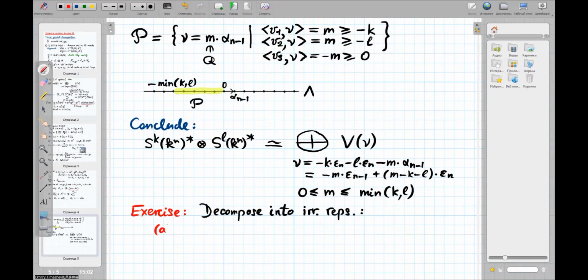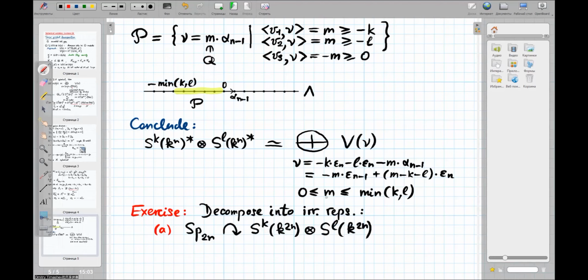So the first exercise is to decompose the representation of the symplectic group Sp_2n in the tensor product of two symmetric powers of k^2n. So this exercise is very similar to the previous example, but the acting group is now not GL_n, but the symplectic group. And the answer will be more interesting than here. If you solve this exercise, you will see the answer.